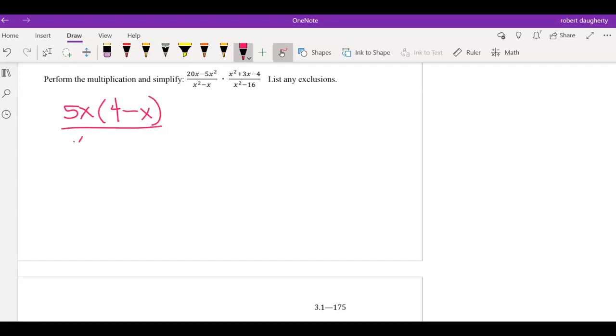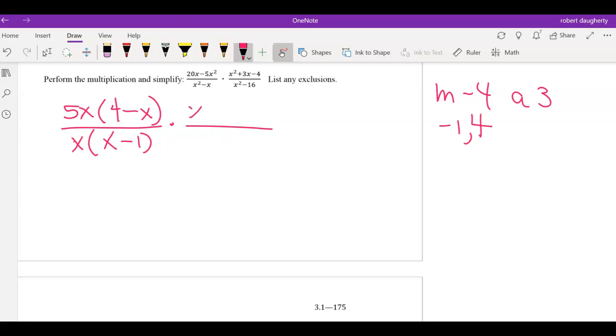On the bottom, I can factor out an x minus 1 times, if you look at the next expression, I need two numbers that multiply to negative 4 and add to 3. So those numbers would be what? Negative 1 and positive 4.